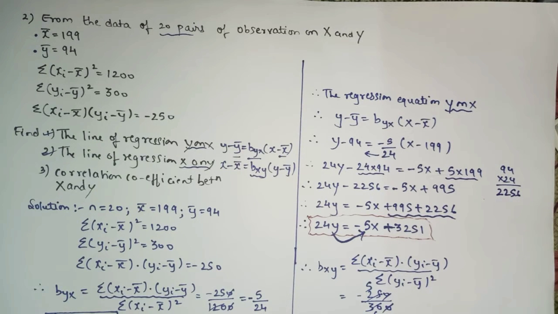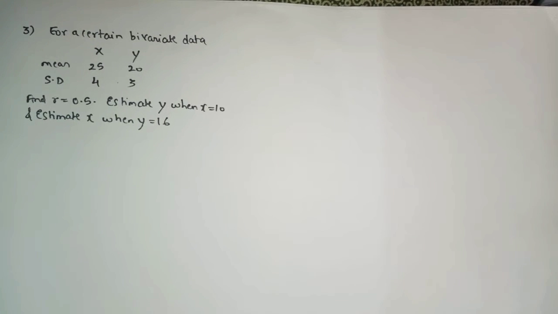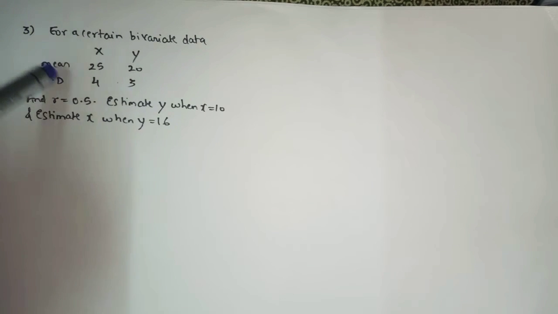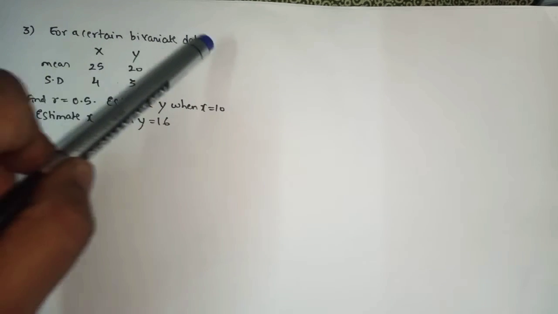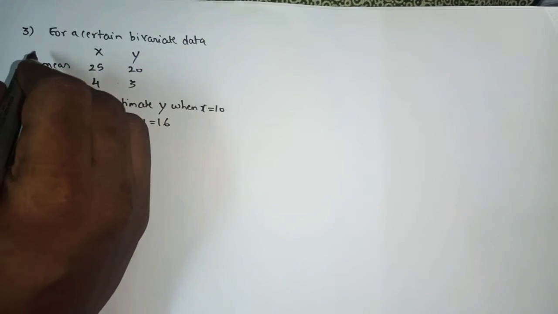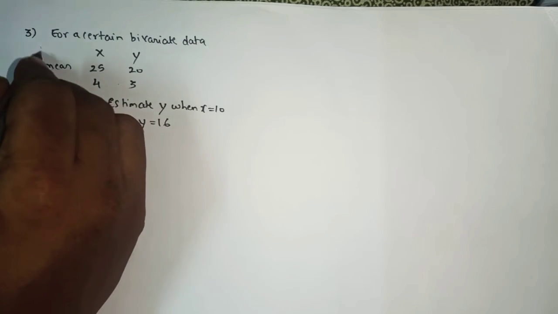Example number 3. Now we'll take the third sum. The pattern of the question is a little different from the first and the second sum. Here you can see that for a certain bivariate data, there is one box.